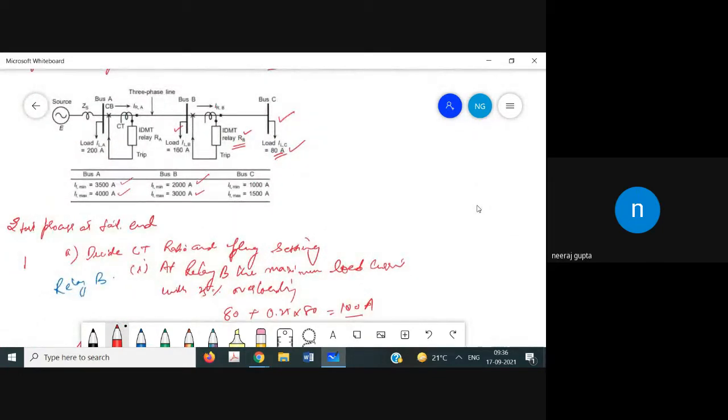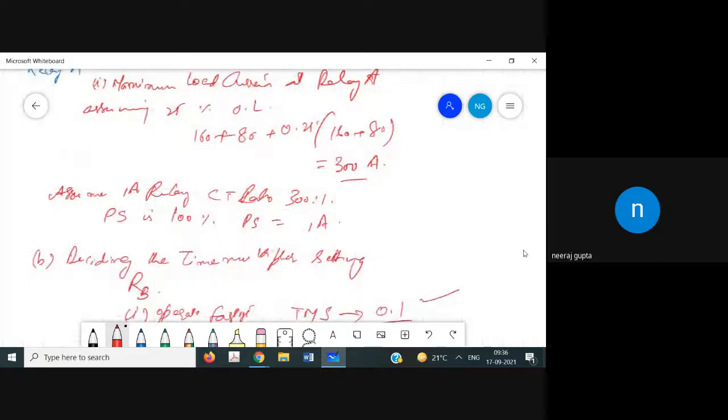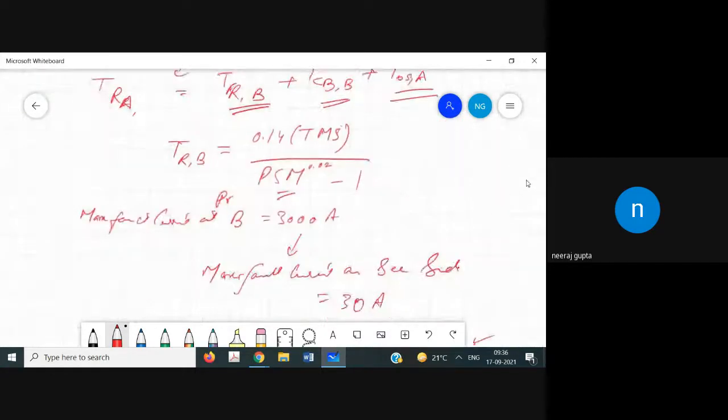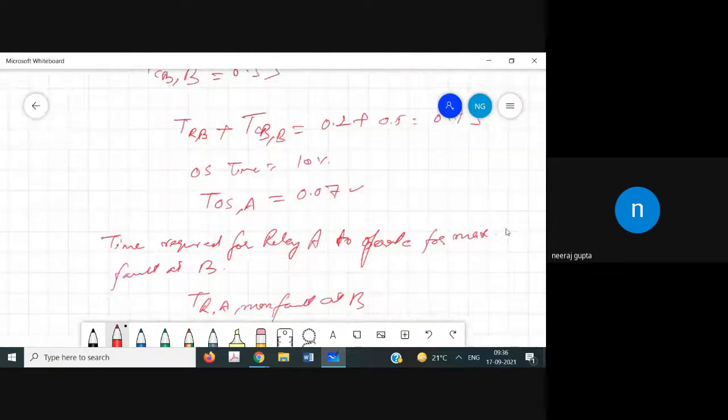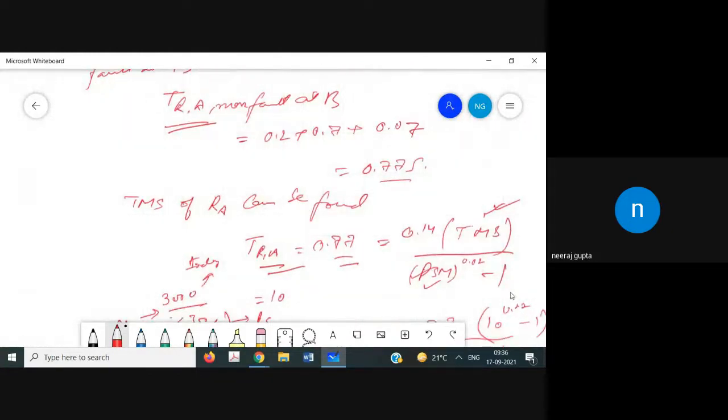So minimum fault current in this case is given as 200 ampere. So based on the 200 ampere, we have to verify whether the setting we have chosen is the correct setting or not. So how can we do it?